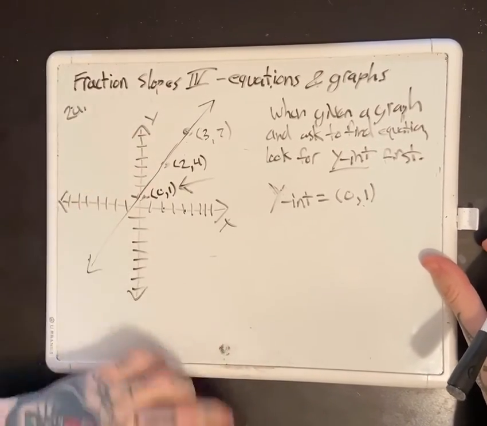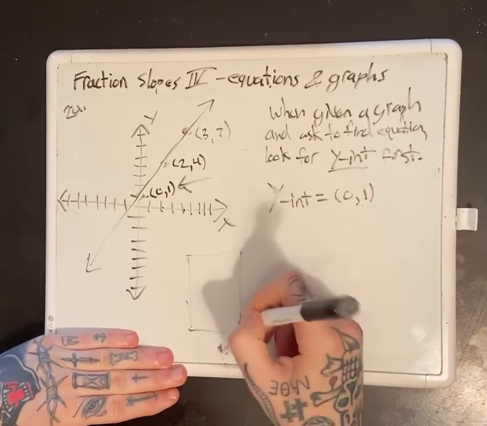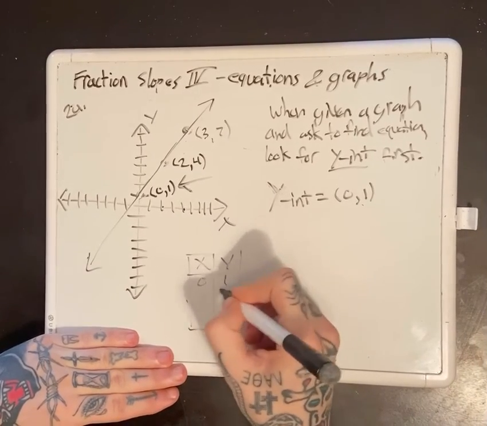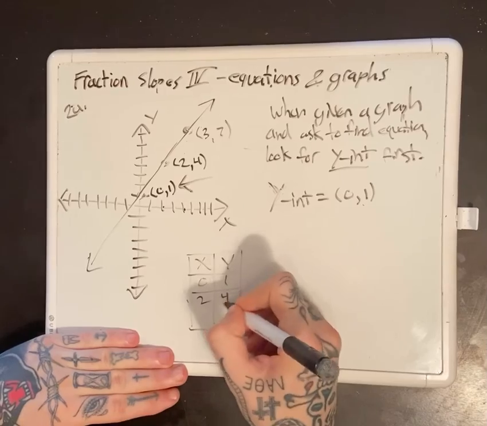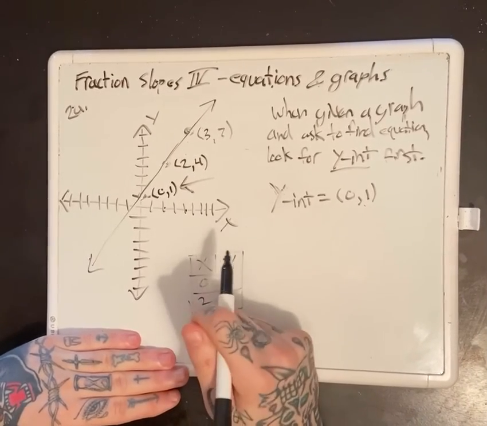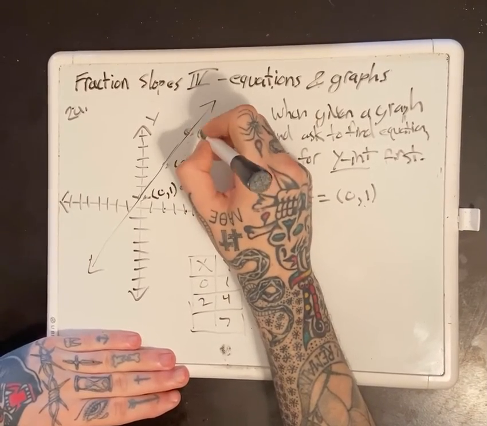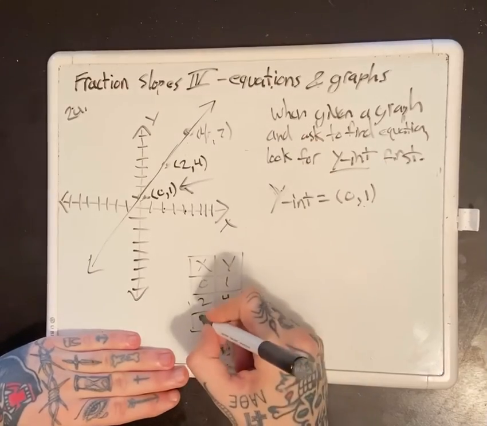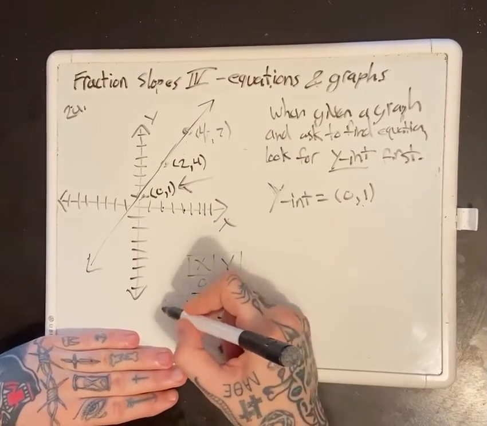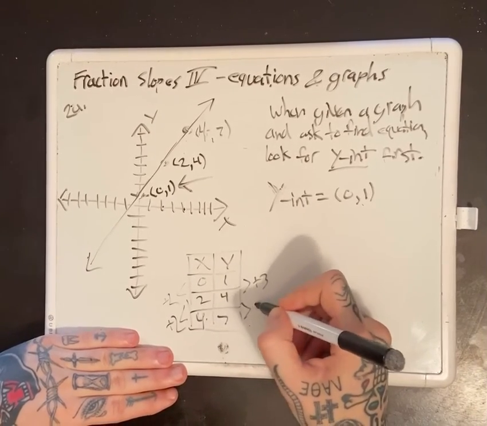So we also have some values here, so I'm just going to throw them into a table. X, Y, so 0, 1, 2, 4, and 4, 7. Sorry, it should be 4. So these are increasing by 2, and these are increasing by 3.